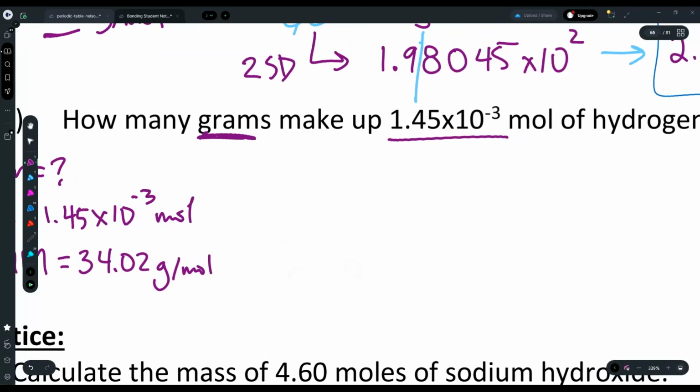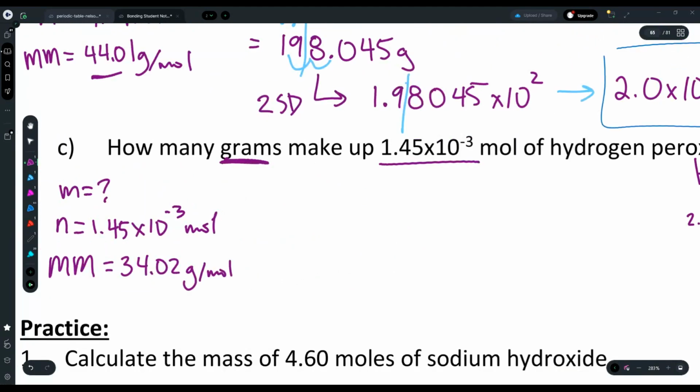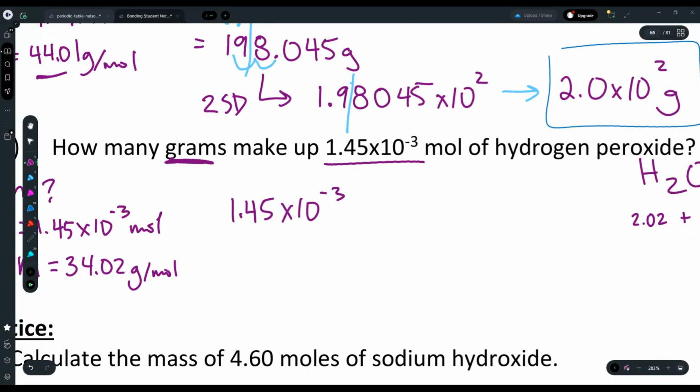Okay, so I'm going to do unit analysis again. So first I'm going to write down the number that doesn't have fractional units. So 1.45 times 10 to the power of negative 3. Okay, times by, and then fraction sign. So whenever you're doing unit analysis, you always do this times by and then fraction sign. Oh, and then I need to write my units.